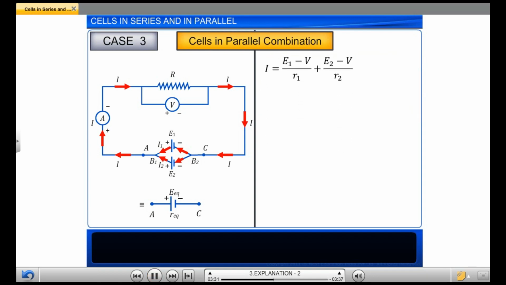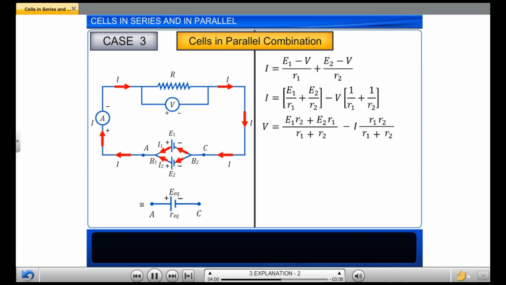On simplifying and rearranging the terms, we get I is equal to E1 by R1 plus E2 by R2 minus V into (1 by R1 plus 1 by R2). By further rearranging the terms, we can write V is equal to (E1 R2 plus E2 R1) divided by (R1 plus R2) minus I into R1 R2 divided by (R1 plus R2). Let this be equation 4.